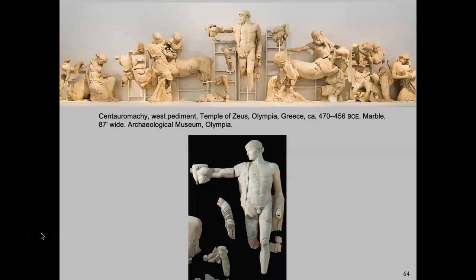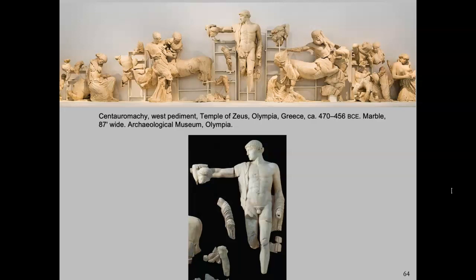And so in the middle of all of this disorder, we see a figure who is standing there in a very calm way, looking much in a way like a Kouros figure in his verticality. But what is characteristic of the early classical period is that we are now seeing an activation of the anatomy that allows for a twisting effect.